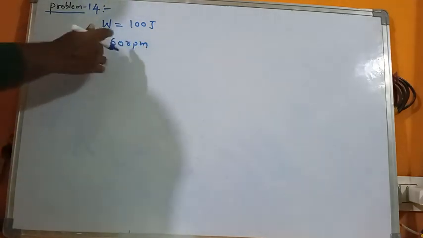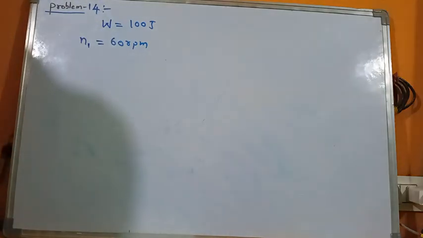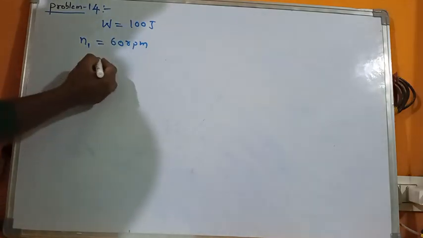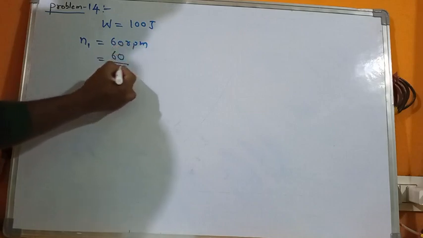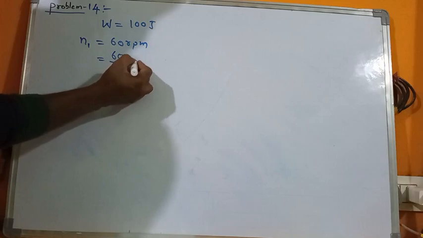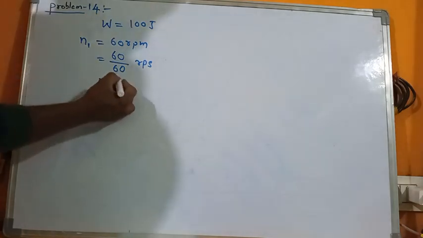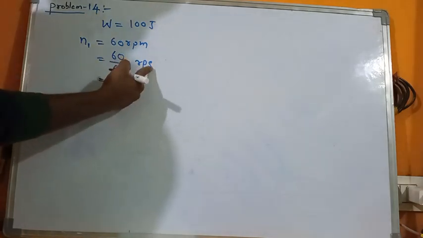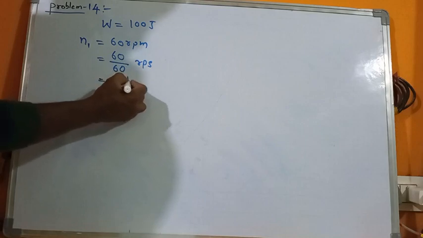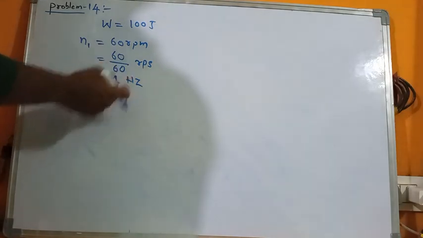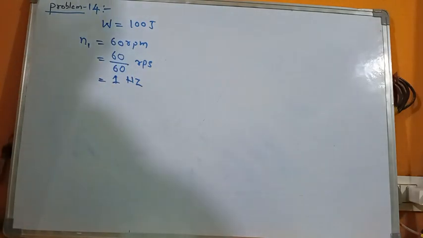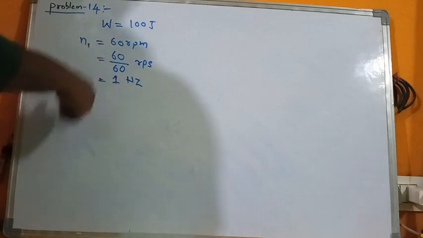We have to convert this into seconds. That is 60 rotations per minute, and a minute means 60 seconds. This is rps, revolutions per second, which is also frequency, equal to 1 hertz. So per second it is making one rotation.